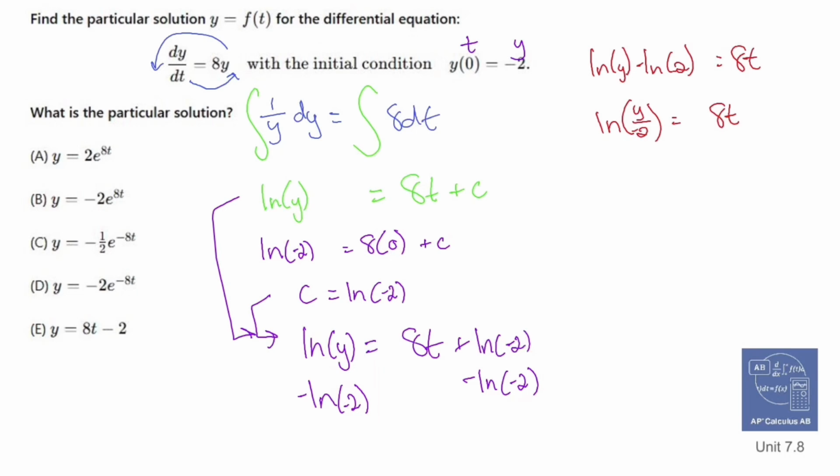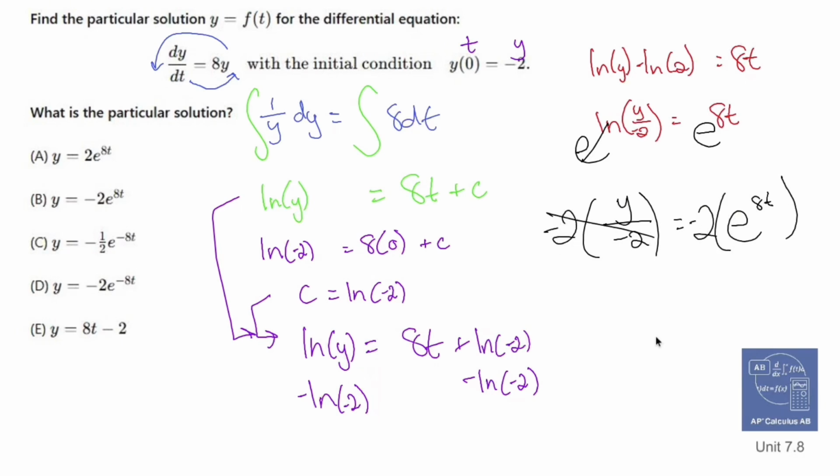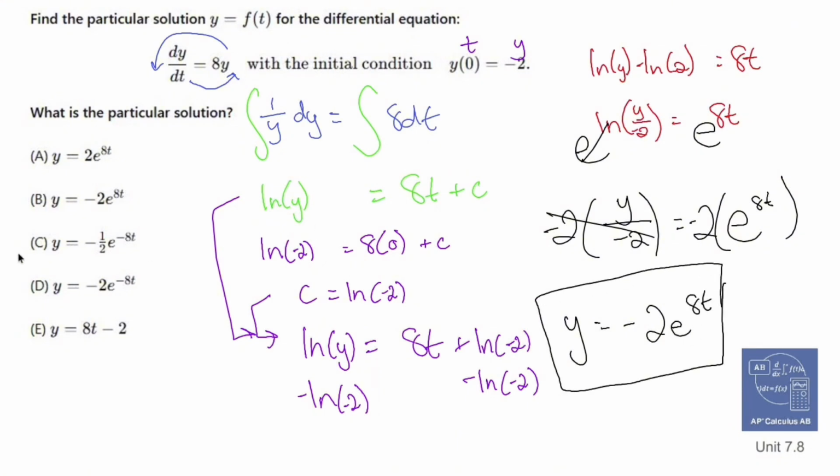When I e both sides, that cancels out and I'm left with y over negative 2 equals e to the 8t. Multiply both sides by negative 2, and y is going to end up being negative 2e to the 8t. And that's going to be b.